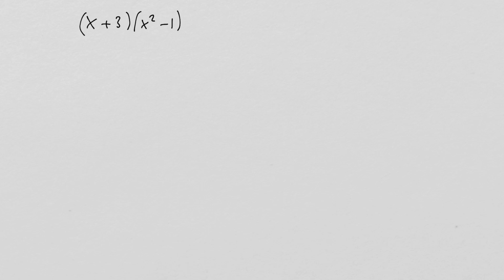If we have a product, then we need to remember to multiply all the things in the other factor. So here we would get, let's see, x times x squared is x to power 3, x times -1 gives -x, 3 times x squared gives plus 3x squared, and 3 times -1 gives -3.